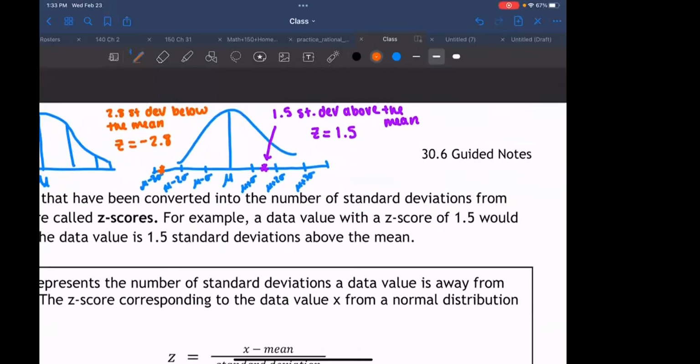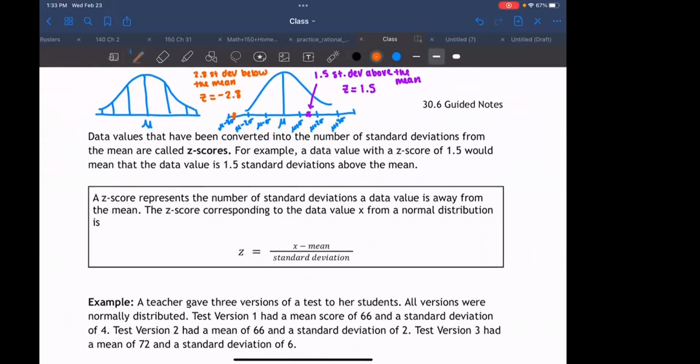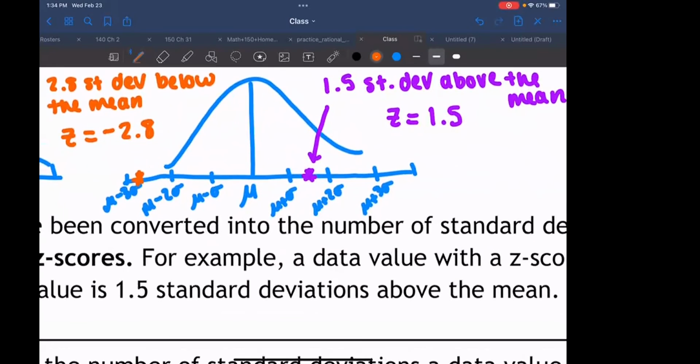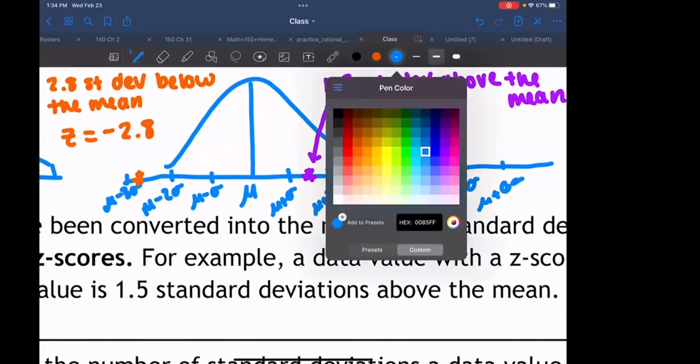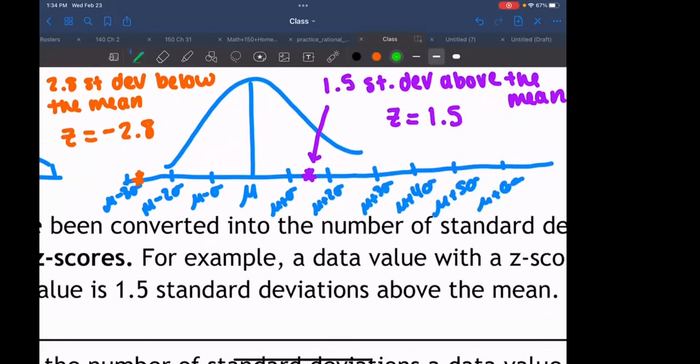Okay. So z-scores can be any, so, oh yeah. Sorry, can you have a z-score that's like more... Yeah, how about this? So for example, we could go all the way out here.